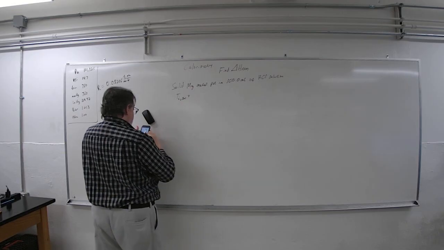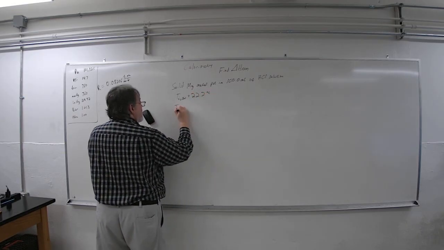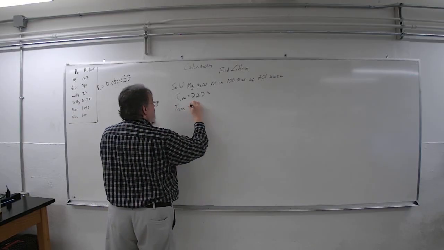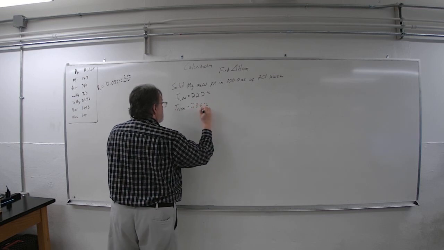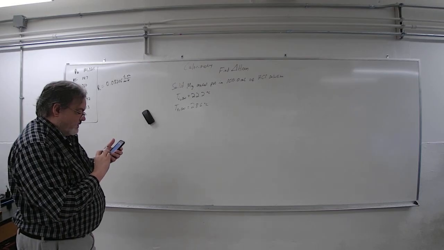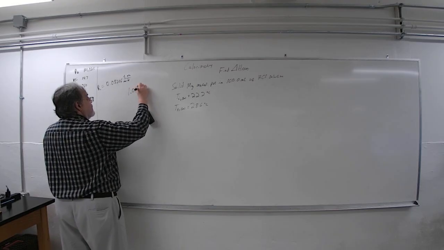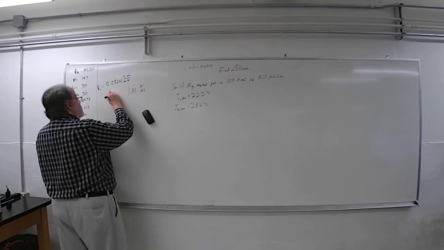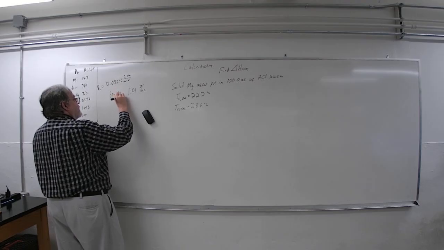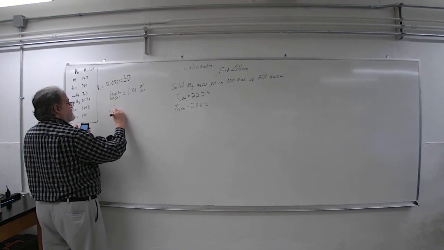The initial temperature of the solution, and then there's a final temperature of the solution. You're also given the density of the solution, and you're told to use the heat capacity of the solution.